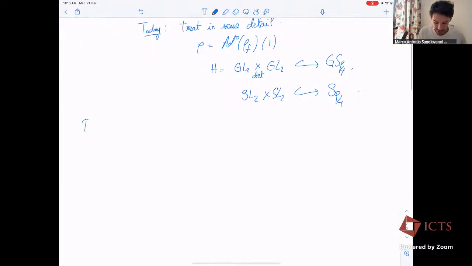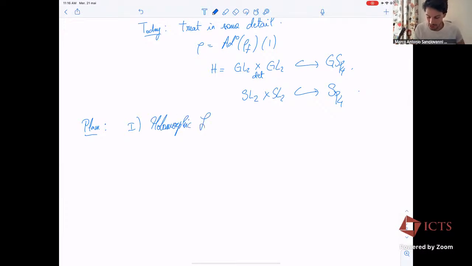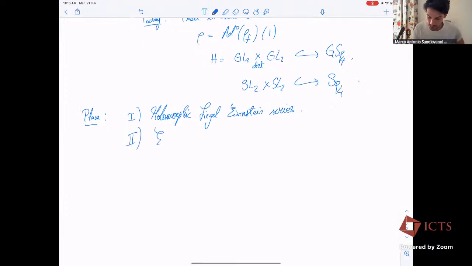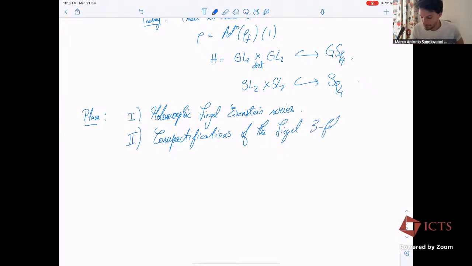So the plan for today's lecture is: first I will talk about holomorphic Siegel-Eisenstein series. And then I will talk about compactifications of the Siegel threefold, which are key in understanding the properties of these Eisenstein classes.